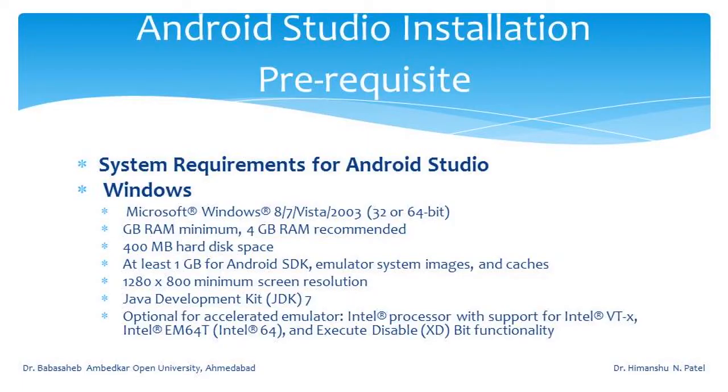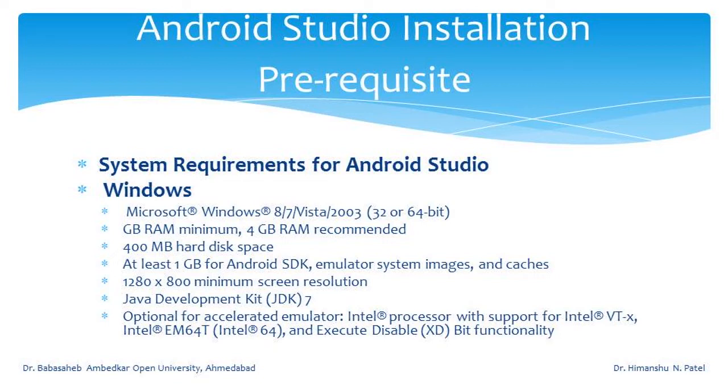Now, in order to install Android Studio, we have certain prerequisites or requirements. Here we consider only the Windows platform, because whatever demo I will demonstrate is on the Windows operating system. You can have Android Studio for Linux also, but here we consider system requirements for Windows only.